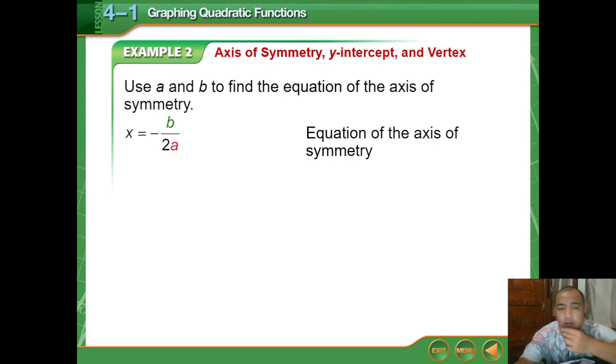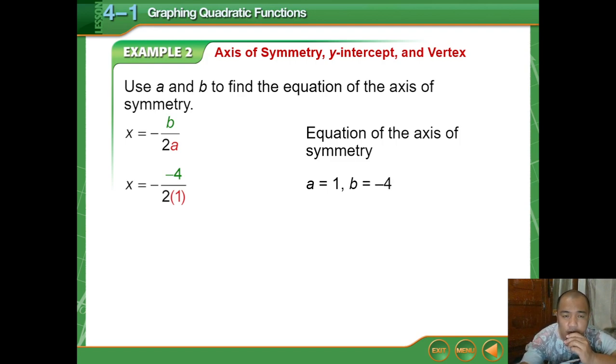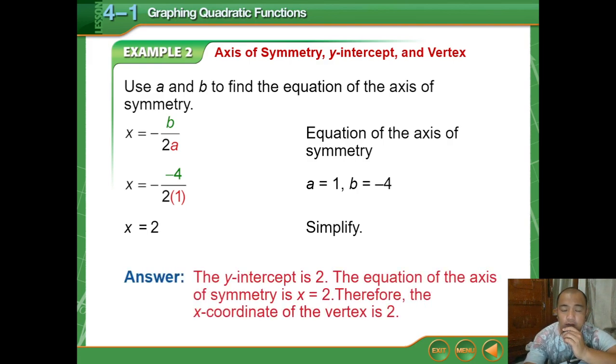This is actually a line. So a is 1, b is negative 4, so substitute: negative times negative 4 over 2 times 1, so positive 2. x equals 2 is the axis of symmetry of the given quadratic function. So the y-intercept is 2, the equation of the axis of symmetry is x equals 2. Therefore the x-coordinate of the vertex is 2.